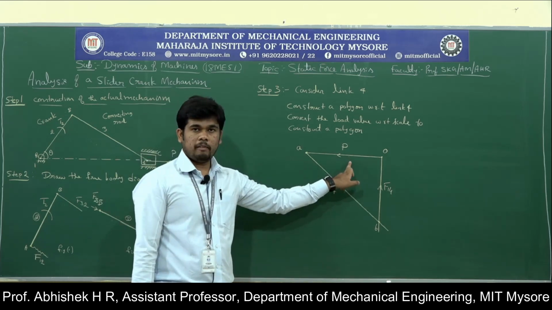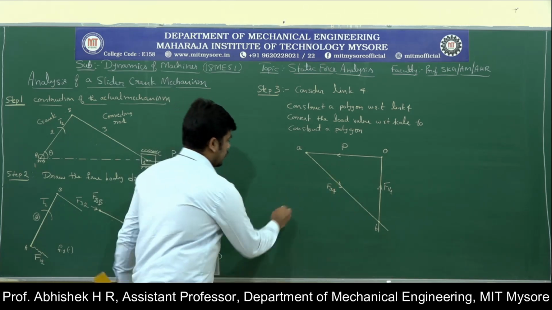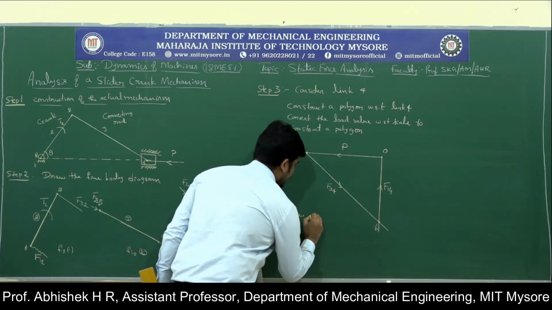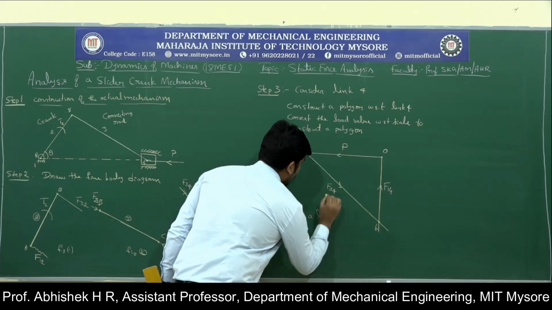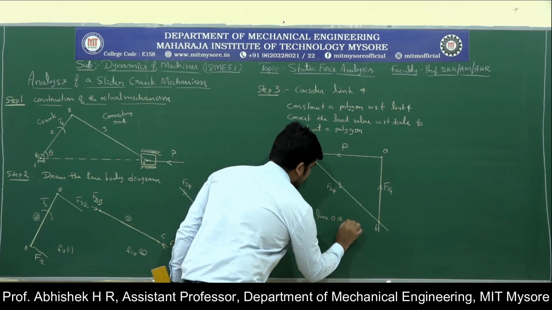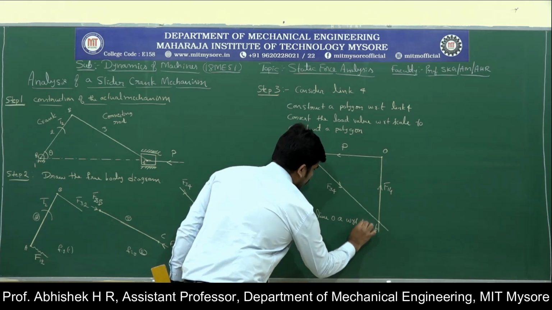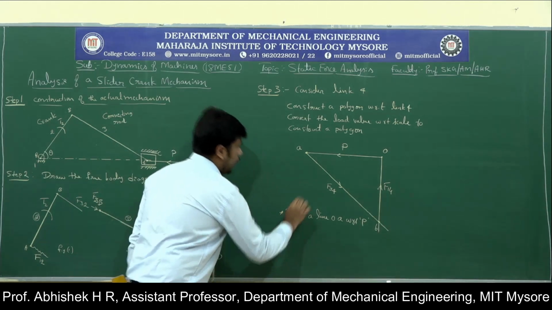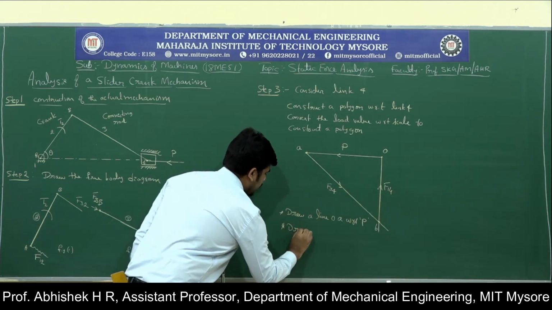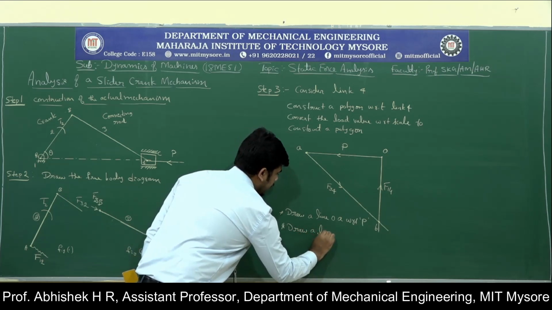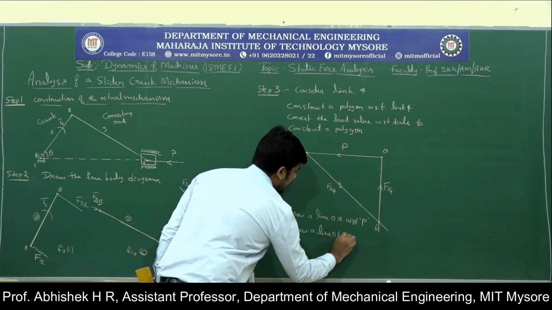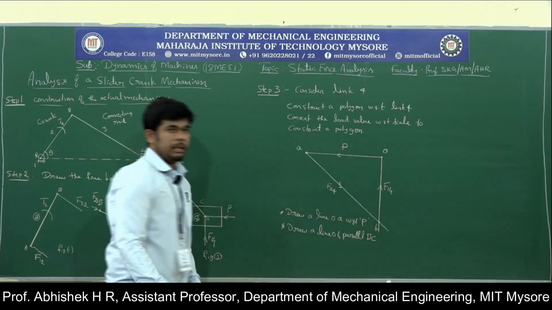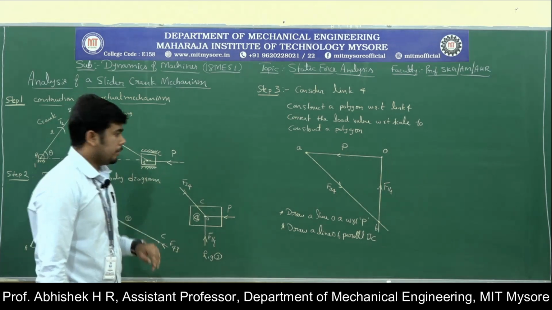Here I know the value of load, so just draw a line OA with respect to load P, then draw a line OB parallel to BC, or the link 3.